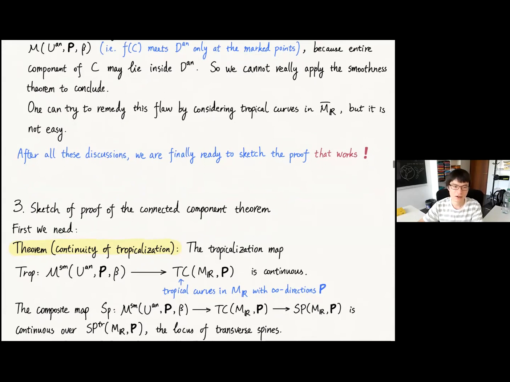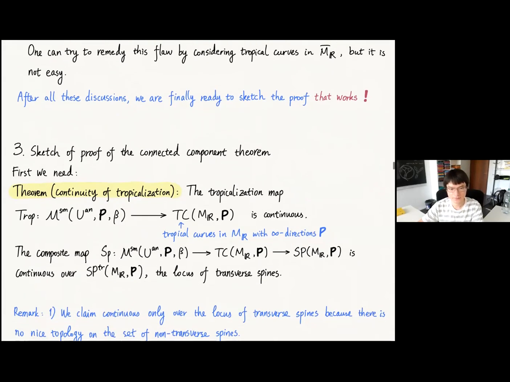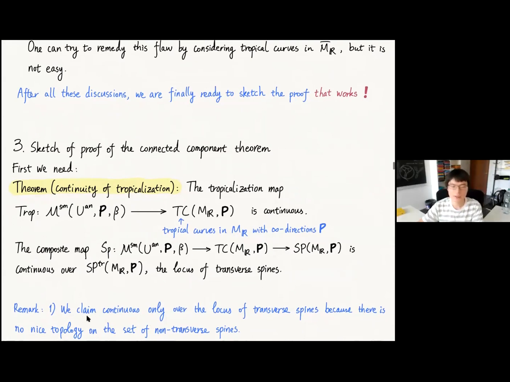And consequently, the composite map that takes first the tropical curve and then the associated spine is continuous over the transverse locus, the locus of transverse spines. We claim continuity only over the locus of transverse spines because there is no nice topology on the set of non-transverse spines.